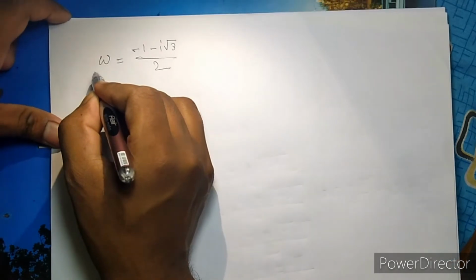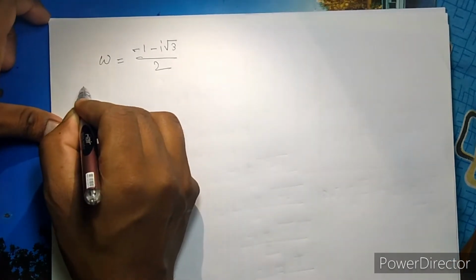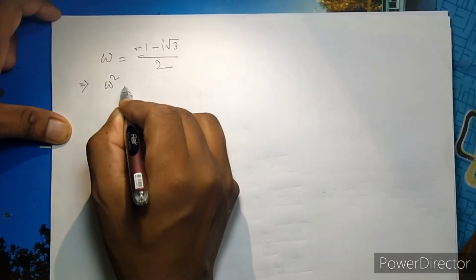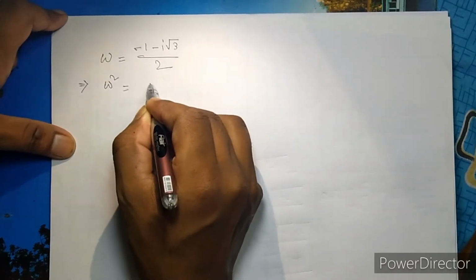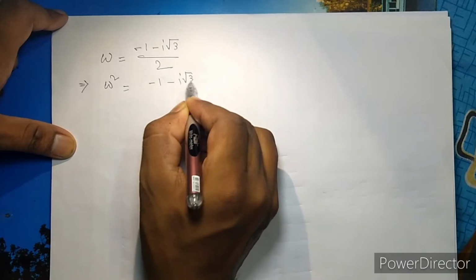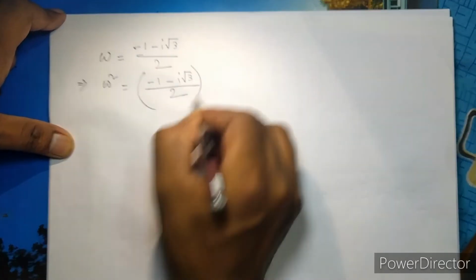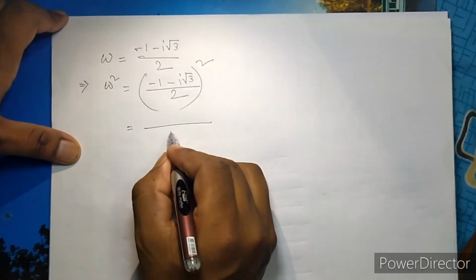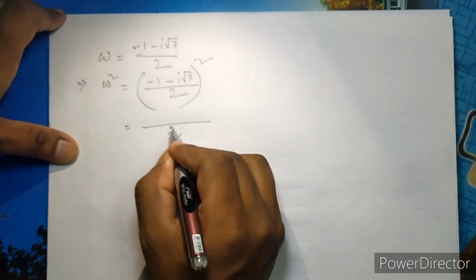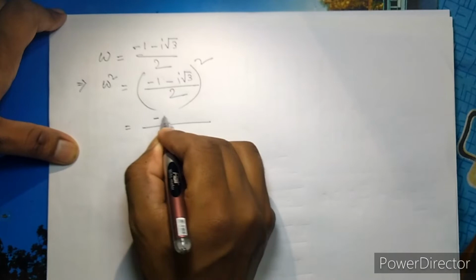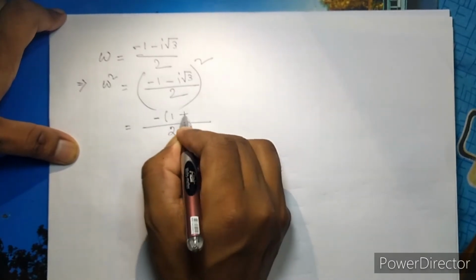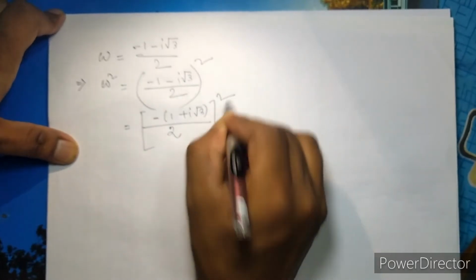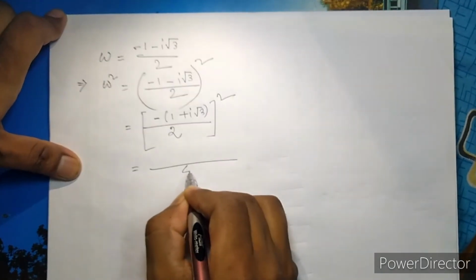Then omega square equal to minus 1 minus i root 3 divided by 2, all squared. So it will be, if we take common minus, 1 plus i root 3 all squared, over 4.